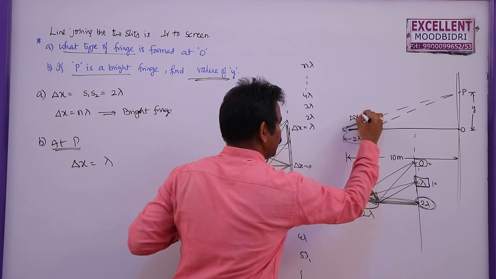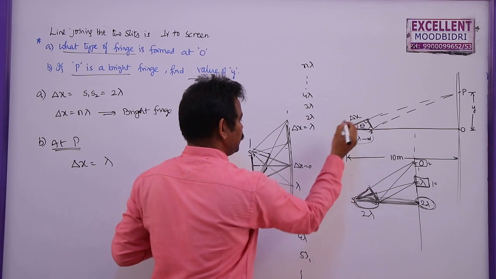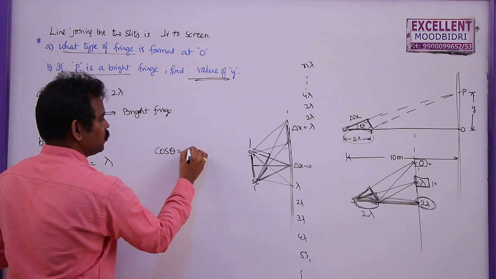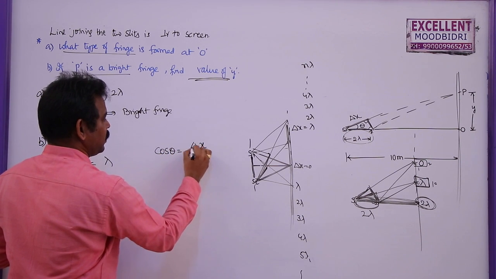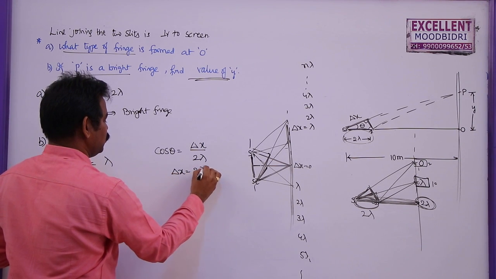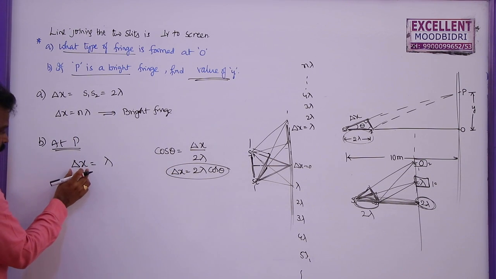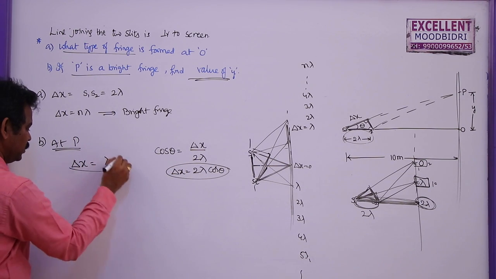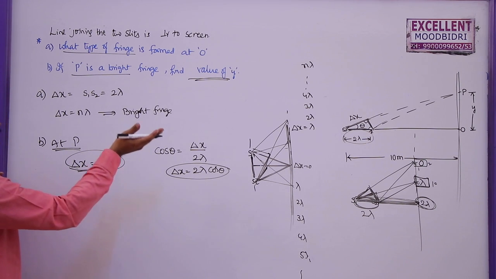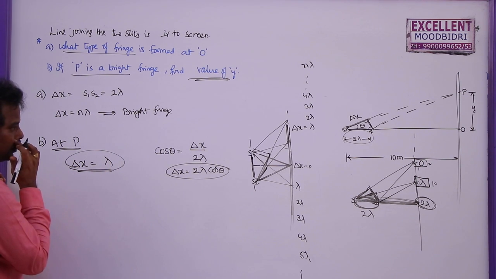This is the path difference, delta x. This is a right angle triangle here. So from this triangle we can write cos theta is equal to delta x by 2 lambda. So delta x is equal to 2 lambda cos theta. But here I got delta x as lambda, from our assumption that as you move away from O, the path difference gradually decreases and is less than 2 lambda.